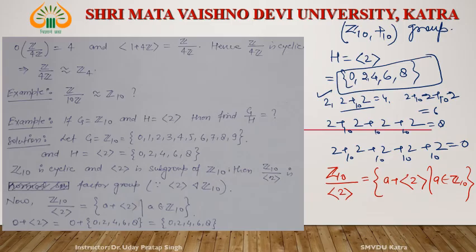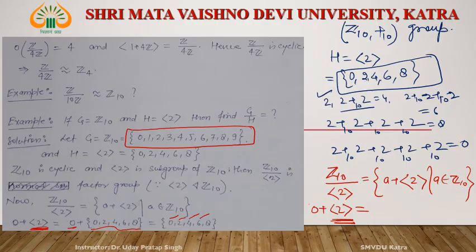And the elements of Z10 are 0 to 9, right? Then what is the first element? 0 plus the subgroup generated by 2, where the subgroup is 0, 2, 4, 6, 8. Add this 0 to every element: 0 plus 0 is 0, 0 plus 2 is 2, 0 plus 4, 0 plus 6, 0 plus 8.